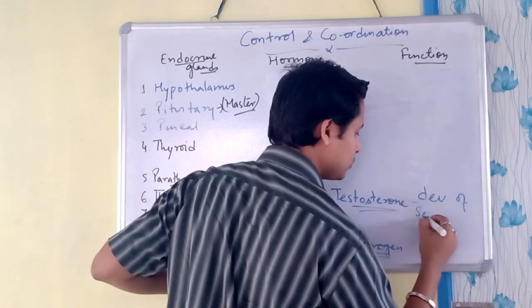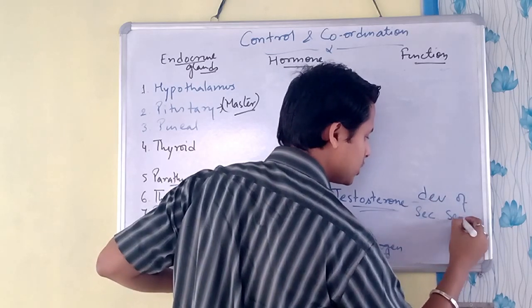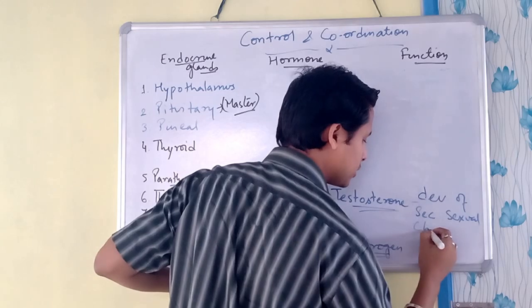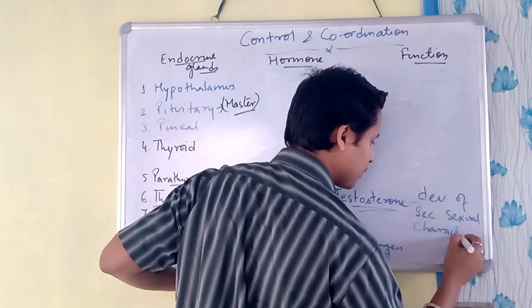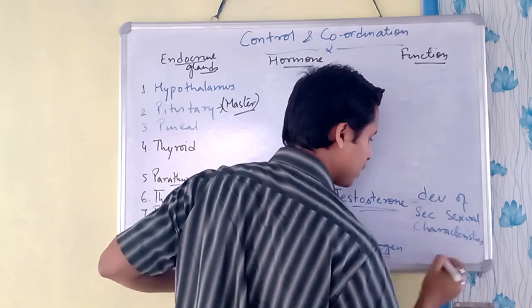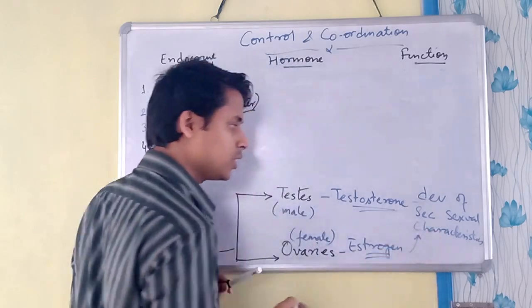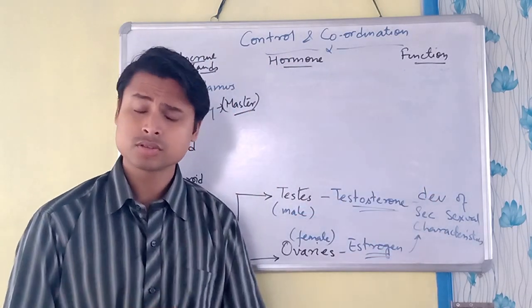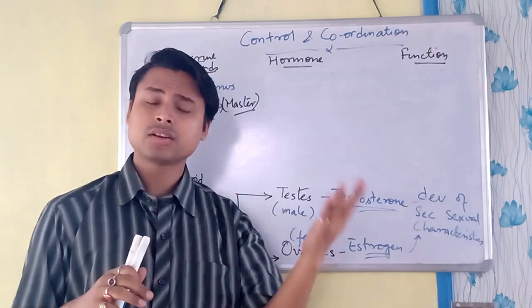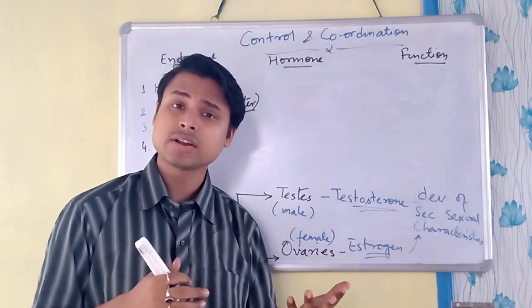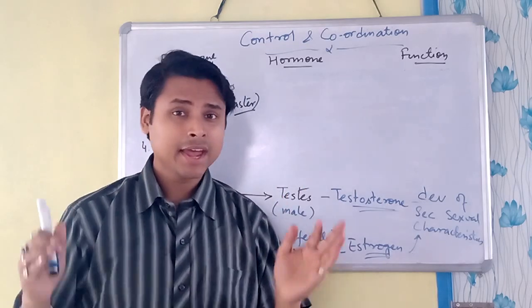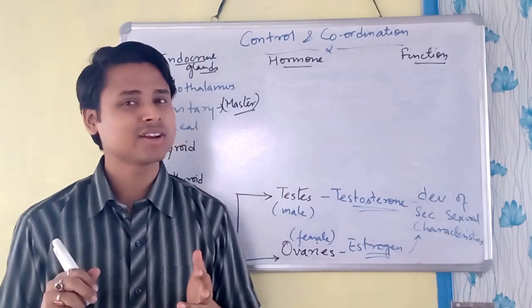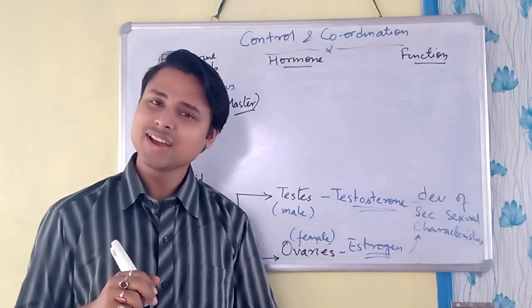Development of secondary sexual characteristics. Both estrogen and testosterone do the development of secondary sexual characteristics. What is the difference? Testosterone develops the secondary sexual characteristics of the male, and estrogen develops the secondary sexual characteristics of the female, right?